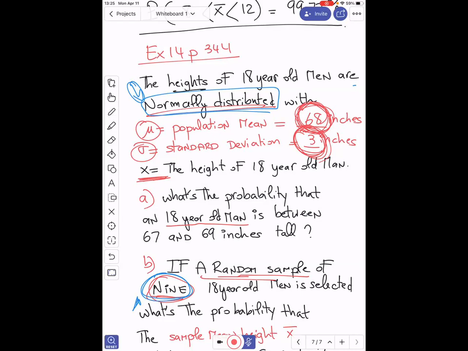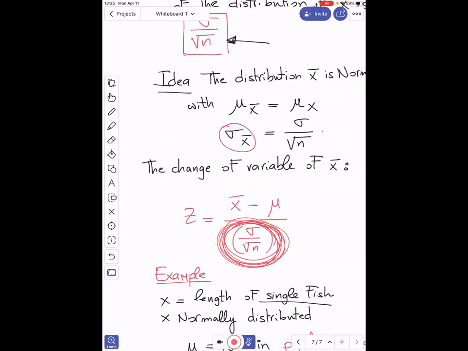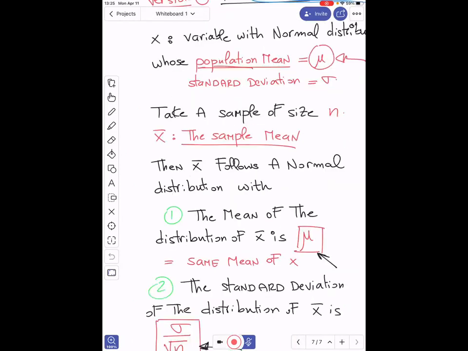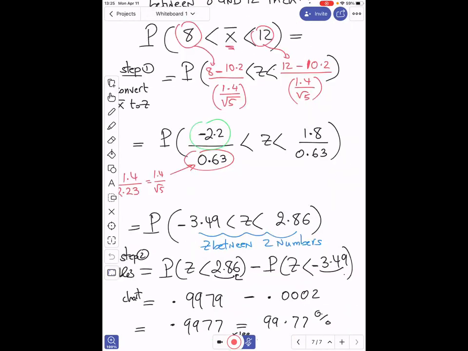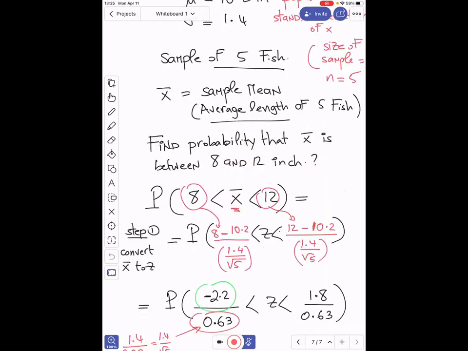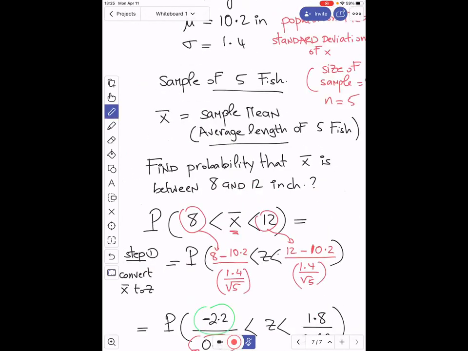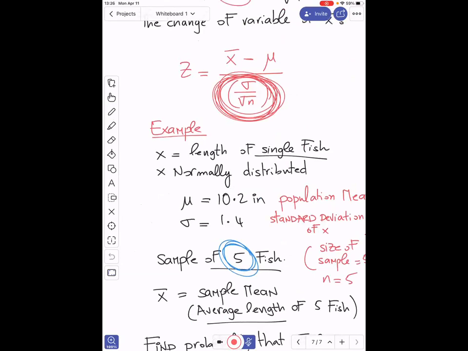It's the same thing for the length of the fish, because we have a sample of 5 fish. The size of the sample here is 5. That's less than 30, but this is not a problem because your variable X, the length of a single fish, follows a normal distribution.